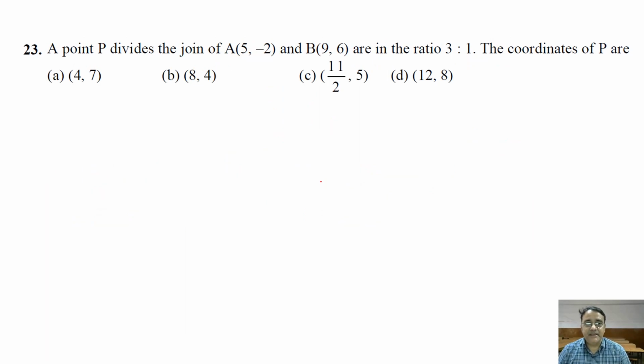A point P divides the joint of A, B, R in the ratio 3:1. The coordinates of P is dash. So ध्यान से देखो, मैं x coordinate पहले निकाल रहा हूँ. We are going to find x coordinate. M2 x1, that is 27.